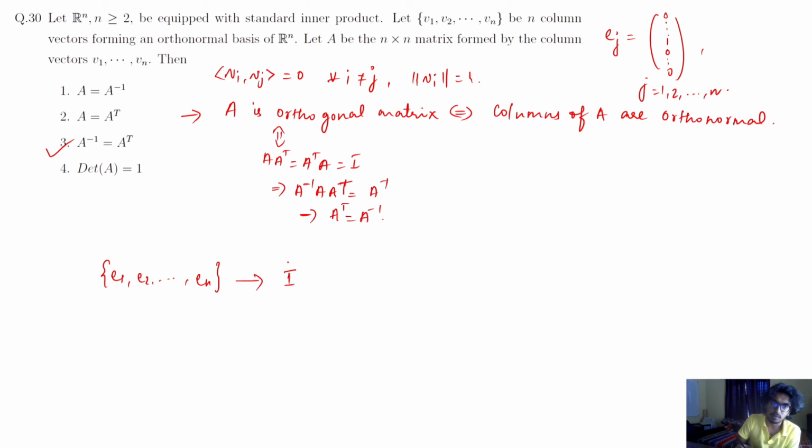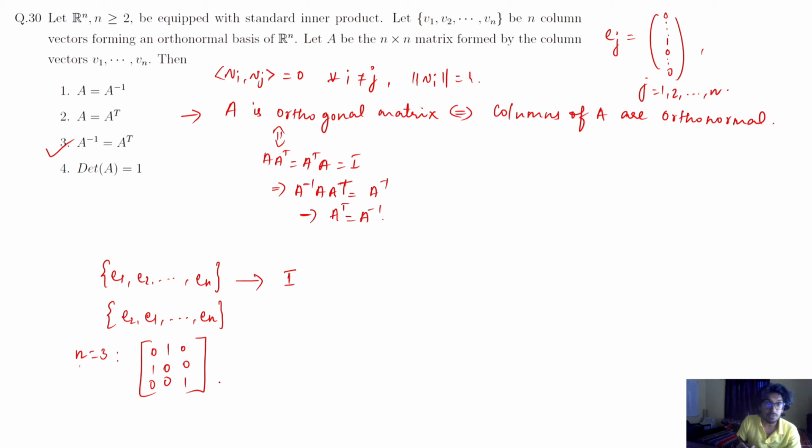In this case, your A is the same as A inverse, and the same as A transpose, the determinant of A is 1, and A inverse is A transpose. All these are satisfied. But when you interchange any of these, for simplicity, for n equal to 3, let me explain. Instead of having an identity matrix, just interchange the first two columns: 0 1 0, 1 0 0, 0 0 1.